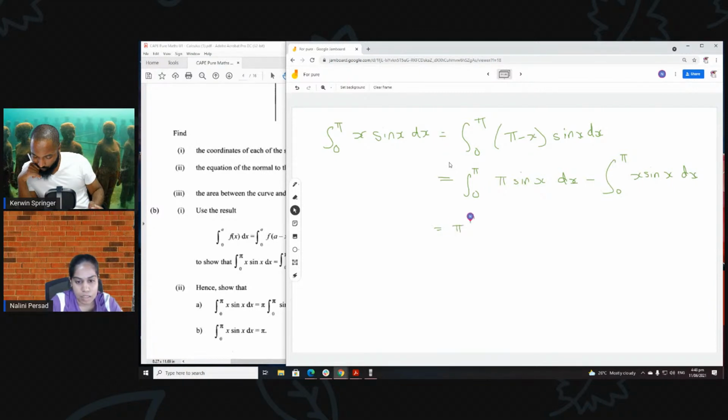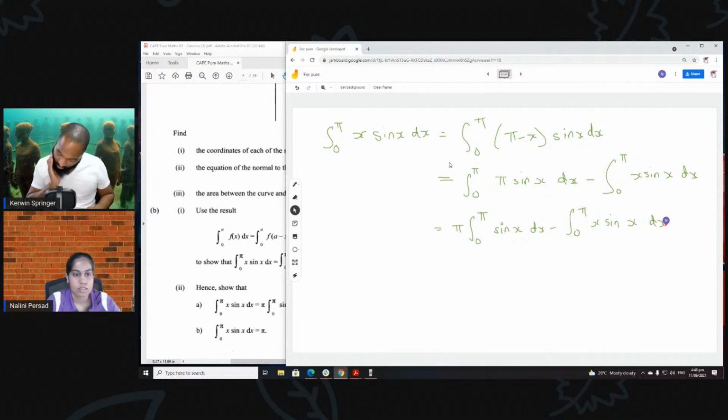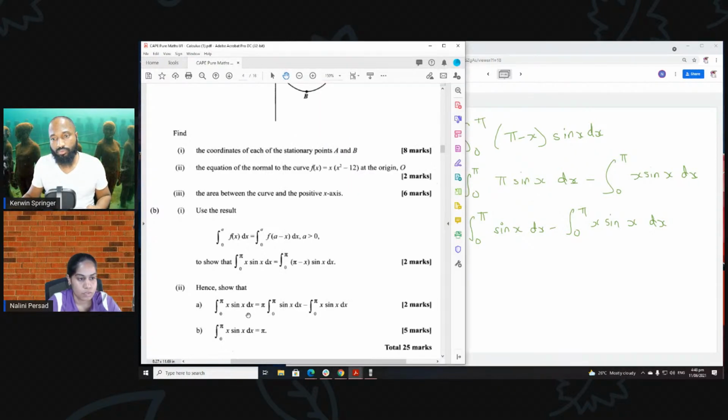So we have pi, the integral between 0 and pi of sine x dx minus the integral between 0 and pi x sine x dx. Right, and this is your right hand side. This is taking your left hand side and proving the right hand side.